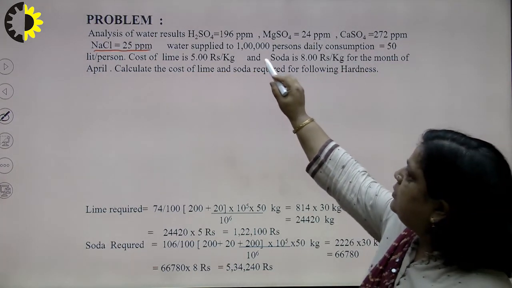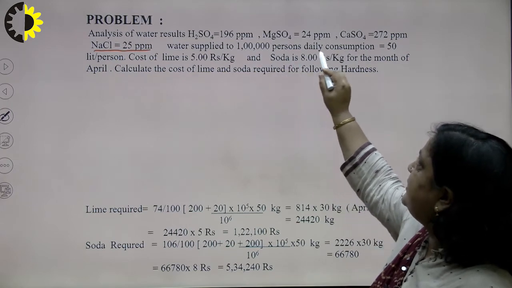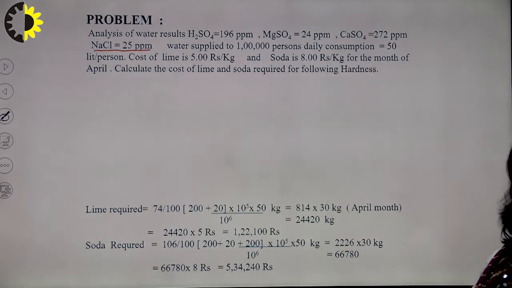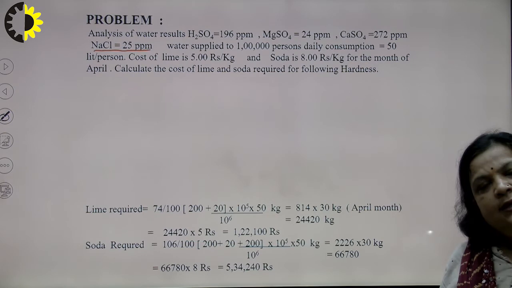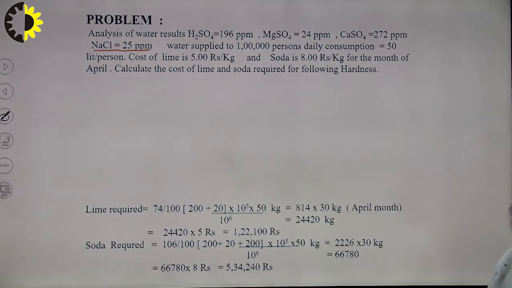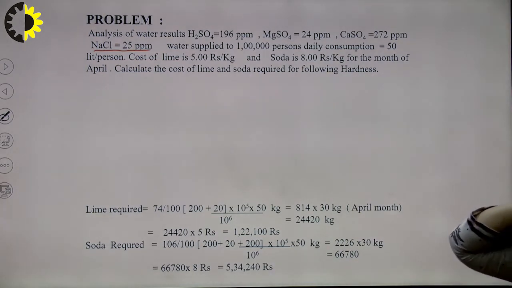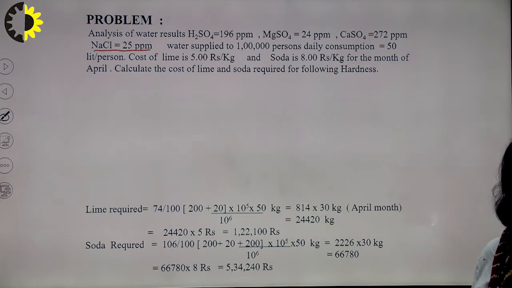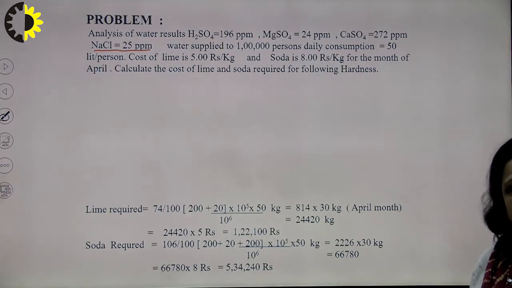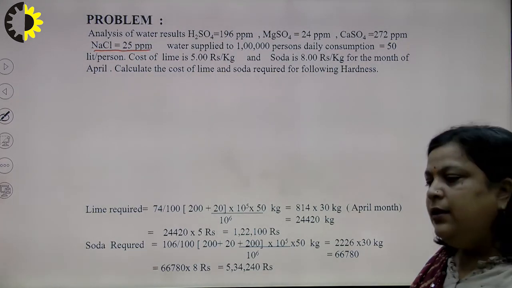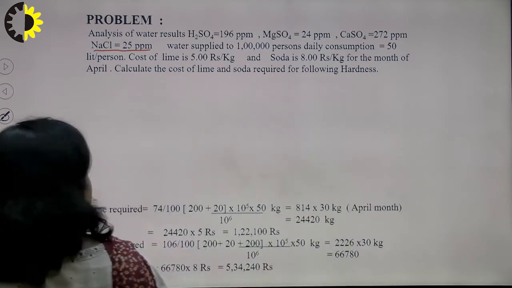Water supplied to 10 to the power 5 persons, daily consumption 50 liter per person. That is 10 to the 5 persons are there and 1 person requires 50 liter water. The cost of lime is 5 rupees per kg and the cost of soda is 8 rupees per kg for the month of April. And we have to find what is the cost of lime and soda.